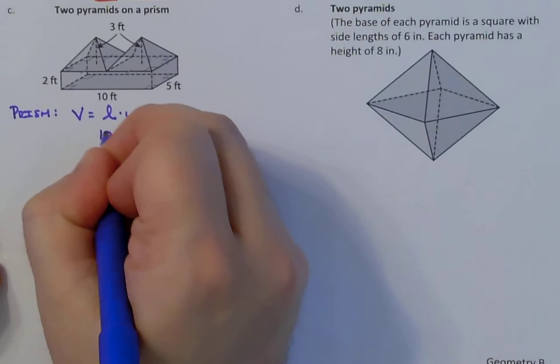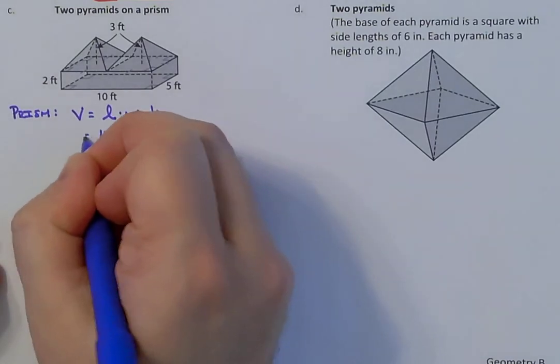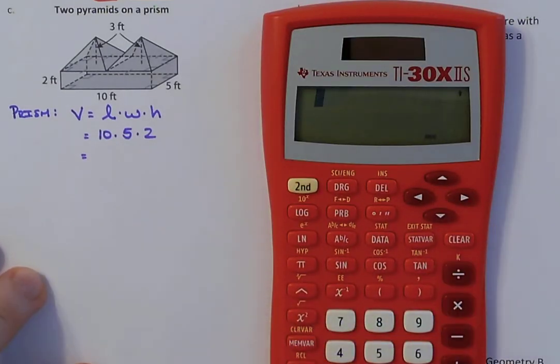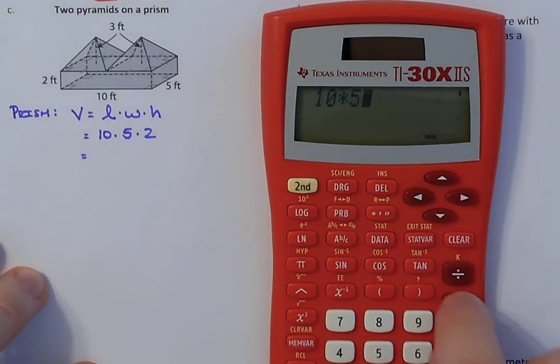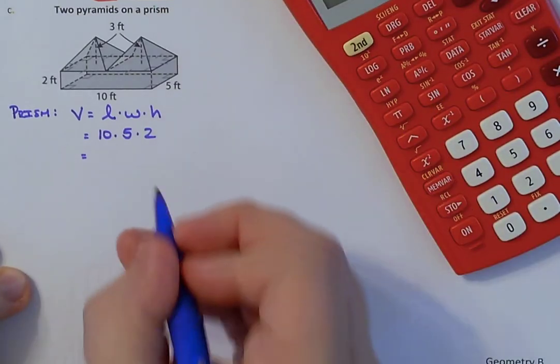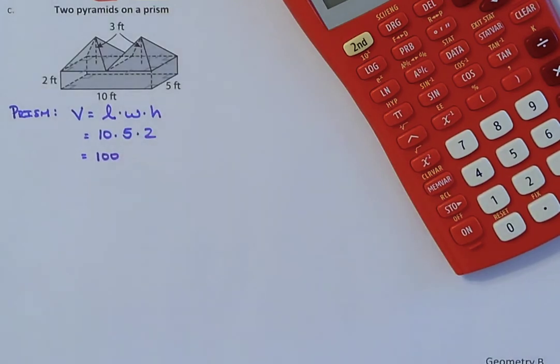So we're going to do 10 times 5 times 2, and that's going to tell us the volume of our prism. So 10 times 5 times 2 gives us a volume of 100. All right, so I now have the volume of the prism.